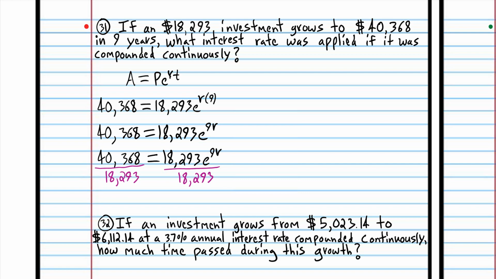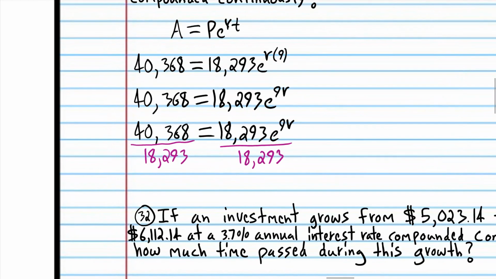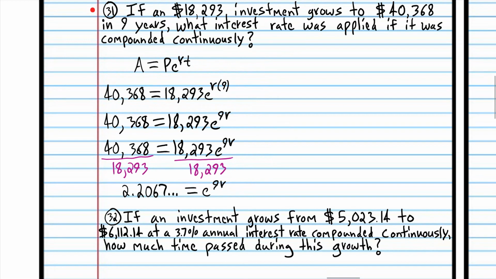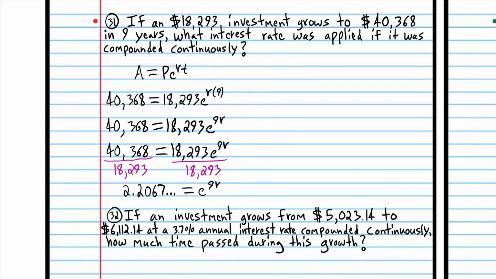And so let's use our calculators. 40,368 divided by 18,293 is approximately 2.2067, and we can write dot dot dot. That means keep that in your calculator. And I'm going to write this up here so it's easier to see.